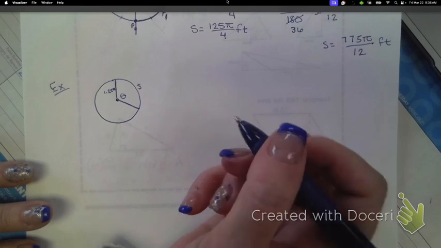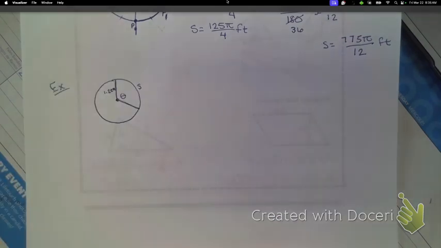Well, every 5 minutes on a clock is how many degrees? It's 30. Right? Because 360 divided by 12 is 30.